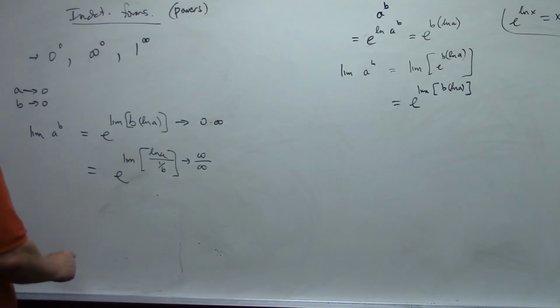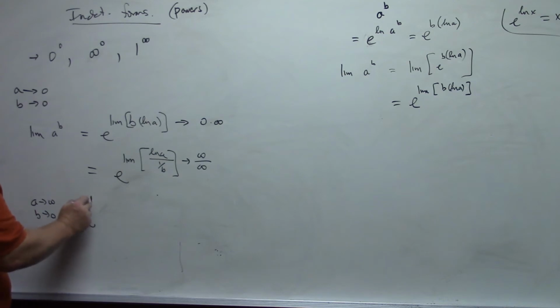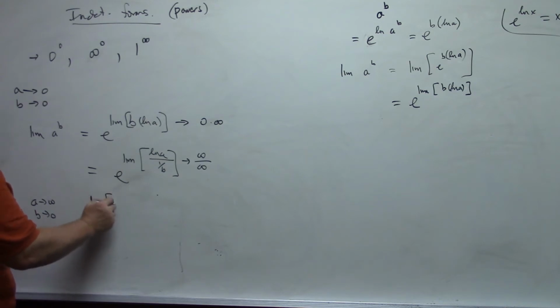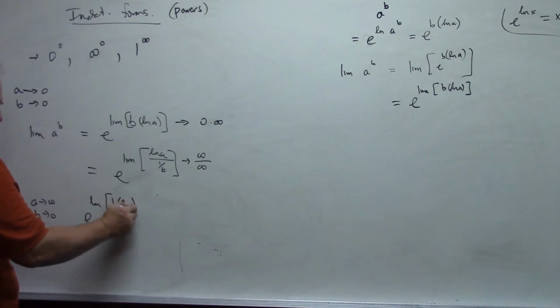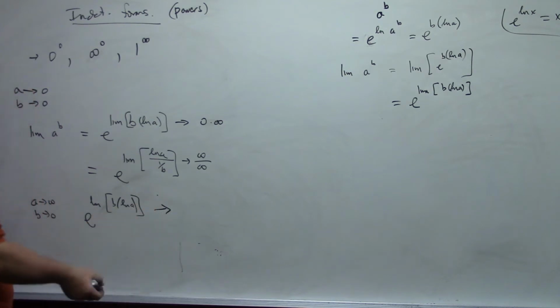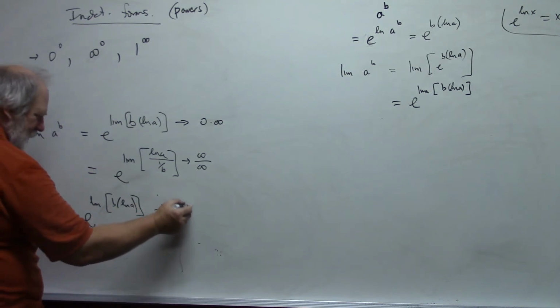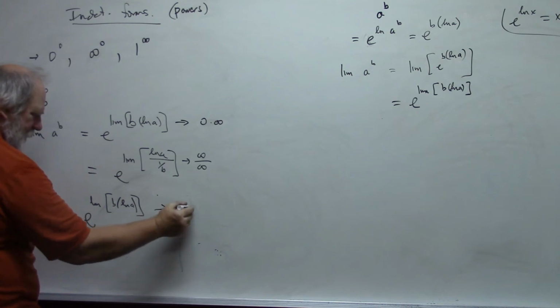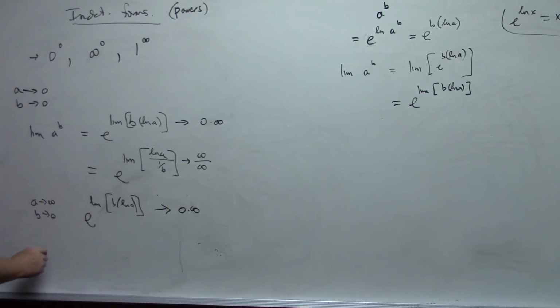Similarly, if a is approaching infinity and b is approaching 0, when I convert it, I get e to the limit of b times the natural log of a. As a approaches infinity, natural log of a is still approaching infinity, b is approaching 0, and so this is a 0 times infinity form. And when a is approaching 1, b is approaching infinity.